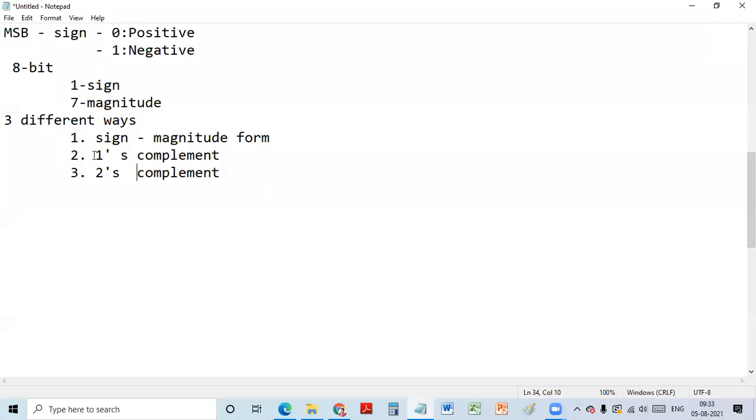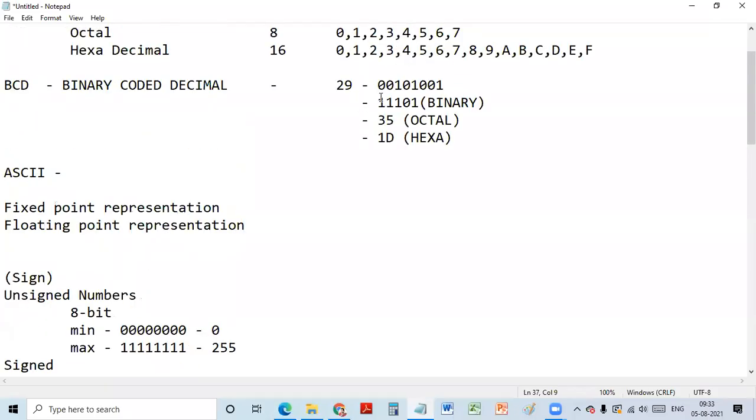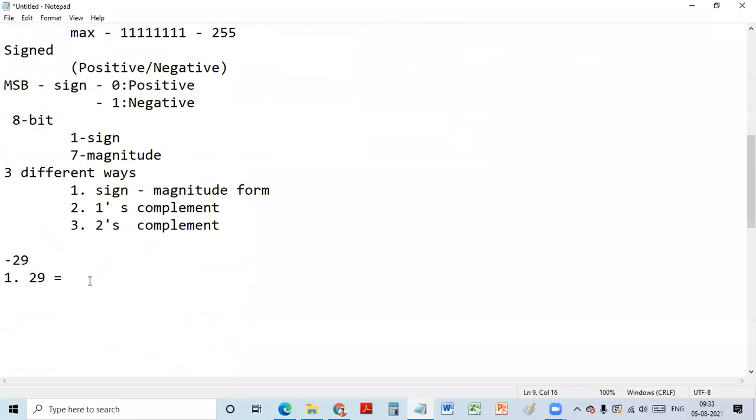First of all, what is the sign magnitude form of representing a number? For example, let us consider minus 29, which I want to represent in sign magnitude form. We know how 29 is represented; we calculated it just now. 29 is 11101.